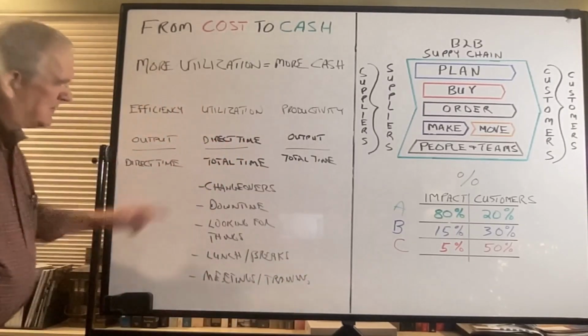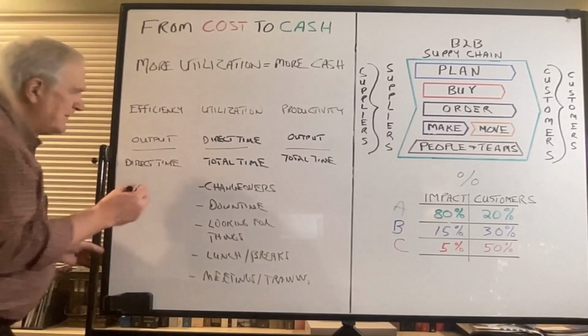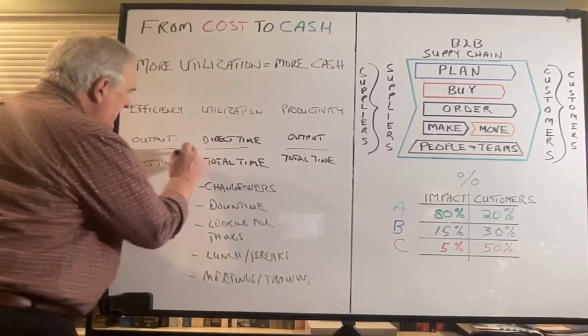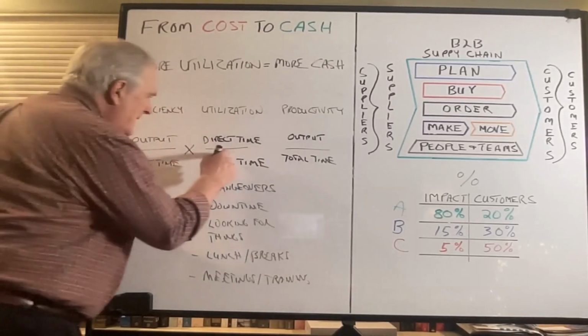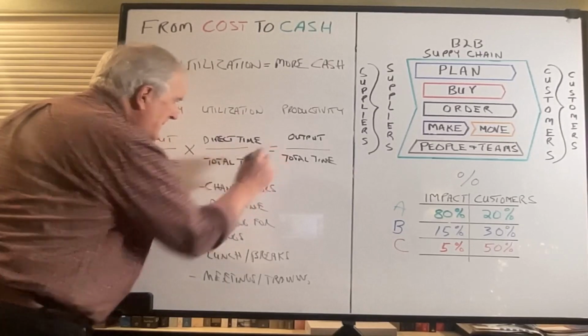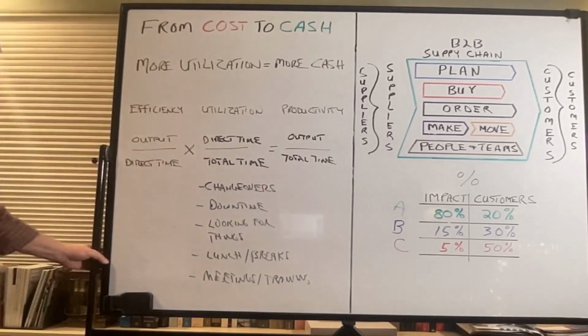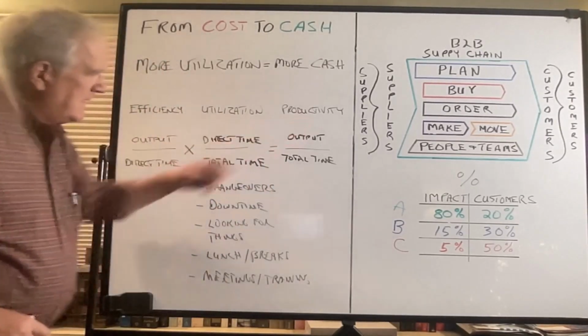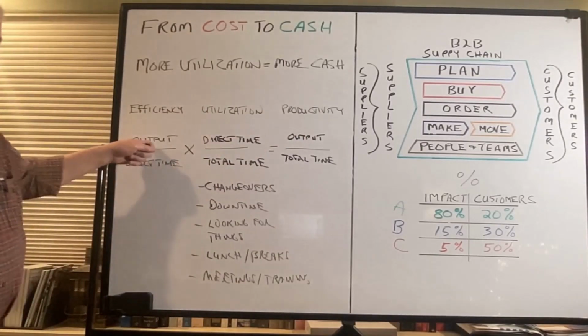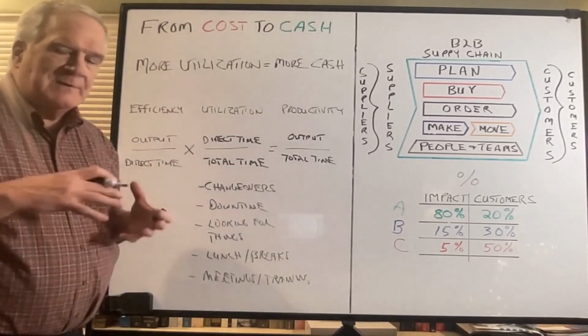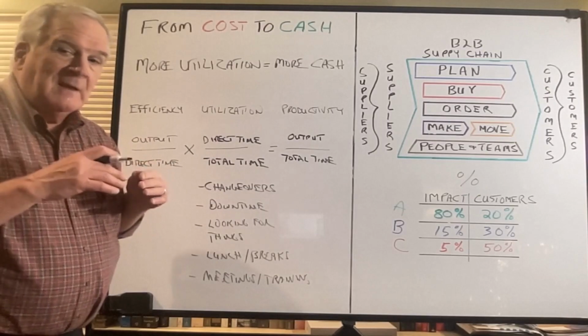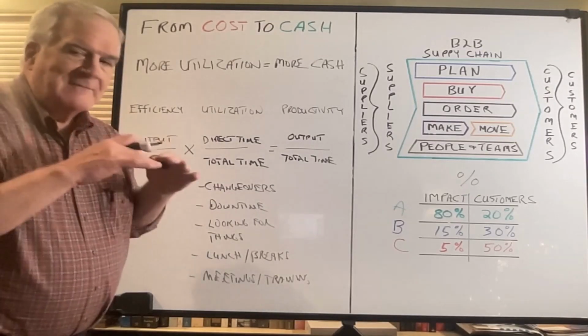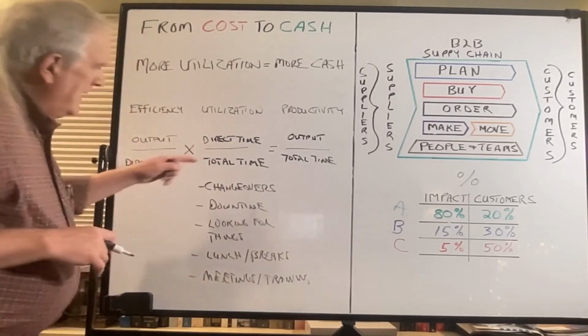So whatever we can do to improve this, because the mathematics of this is the percent of efficiency times the percent of utilization equals productivity. So if we want to improve this, we can work on this, although generally there's a lot less opportunity for improvement. You might get from 90 to 95% or 95 to 98%.